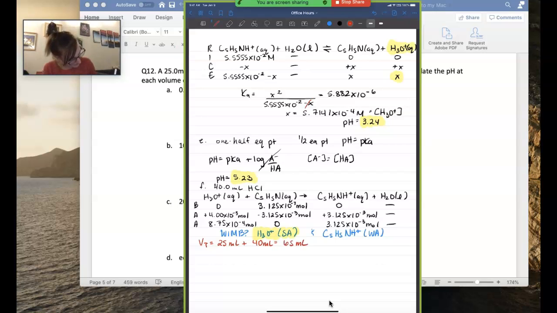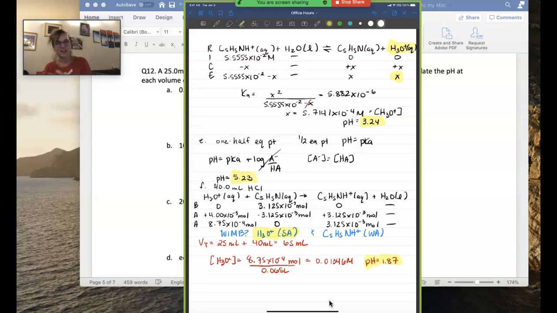And so when we calculate the hydronium ion concentration, we're going to take 8.75 times 10 to the negative fourth moles, that's in excess, and divide by the total volume. That's critical. You divide by the total volume, and you would get a concentration of 0.01346 molar. And if you did the negative log of that, you should get 1.87 for your pH.